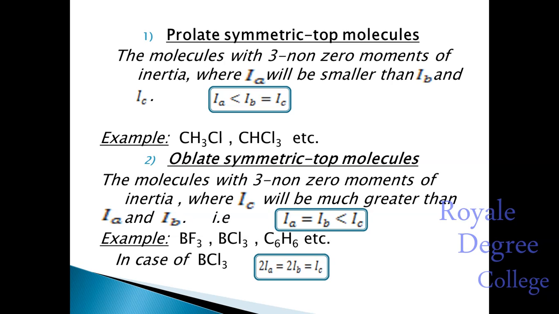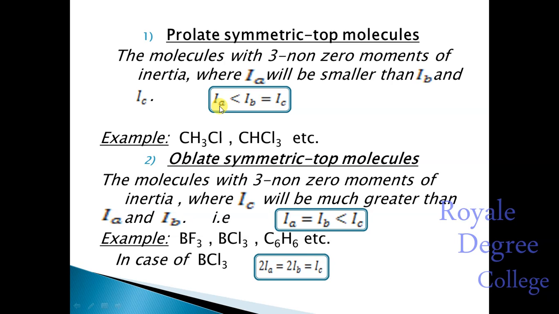IB is equal to IC and both of them are bigger than IA. So here IA is lesser than IB and IC. Examples are methyl chloride, trichloromethane, etc. All these are examples of prolate symmetric top molecules.